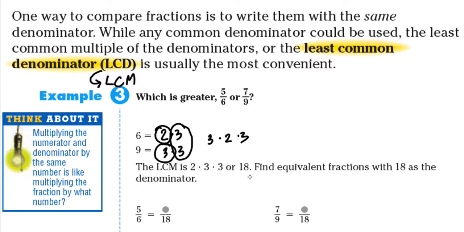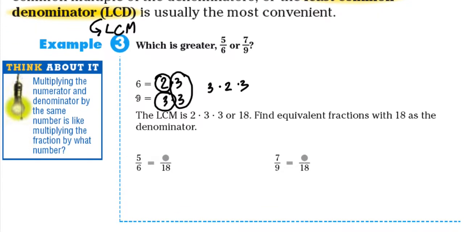Okay, so the next step is find equivalent fractions with 18 as a common denominator. Since the LCM of 6 and 9 is 18, we make this our LCD. And we get the original fraction, which is 5 over 6, and we equate it to a fraction with a denominator of 18. So all we need to do is ask ourselves, what operation would make 6 to 18?